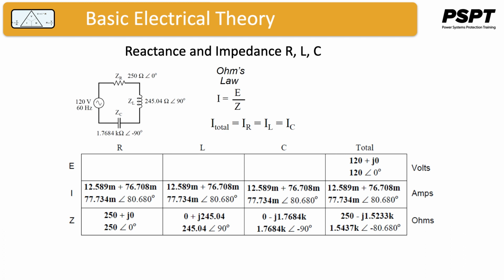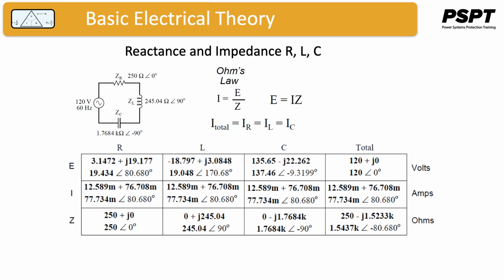Now we are prepared to apply Ohm's law again, this time solving for the voltage drop across the individual impedances. We use E is equal to I times Z. And we can fill in across the top of the table for the voltage drop across the resistor, across the inductor, and across the capacitor.